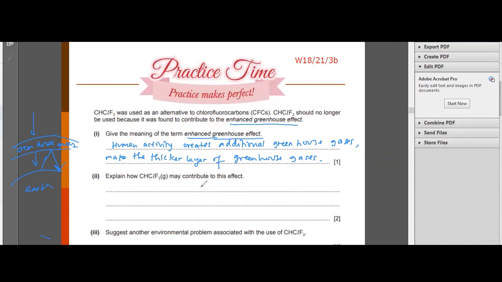So how does it contribute to the greenhouse effect? CHClF2 traps more heat in the atmosphere, leading to greater global warming.